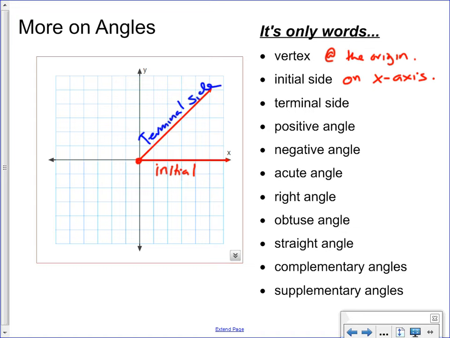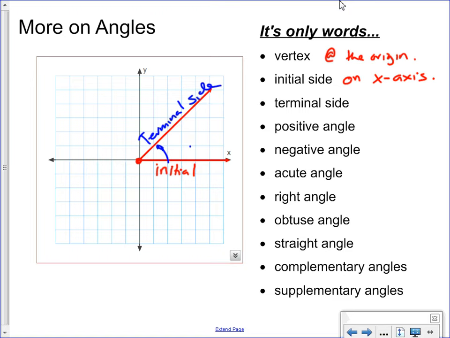All right. Here we go. A positive angle is measured from the initial side to the terminal side. So you start at the initial and you go to the terminal side, and that's what gives you the angle.